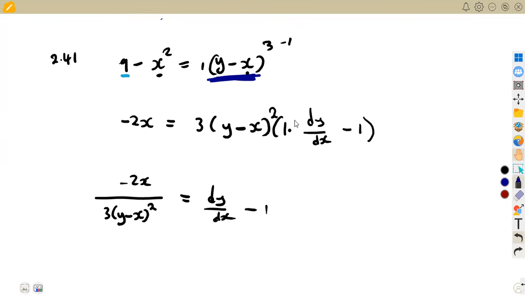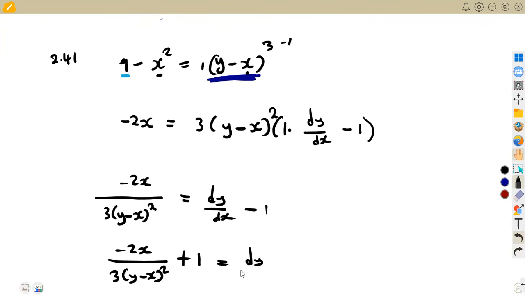Remember, what we need is to remain with the dy/dx in this case. So we're going to transpose minus 1 to the other side so that it can be positive. That means we are going to have minus 2x over 3 into y minus x squared. We take this 1 to this side, it is going to add.